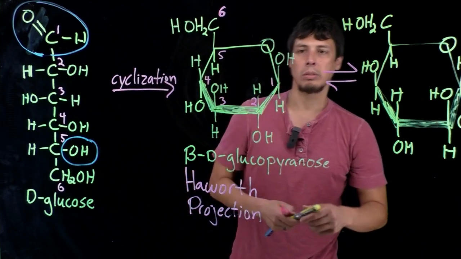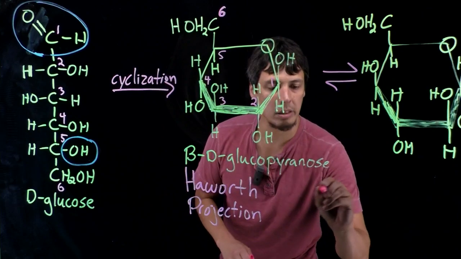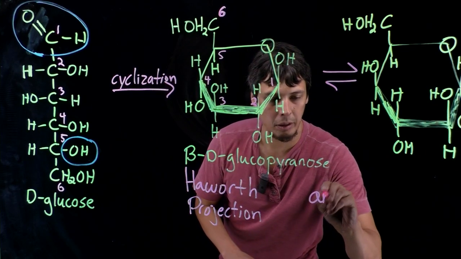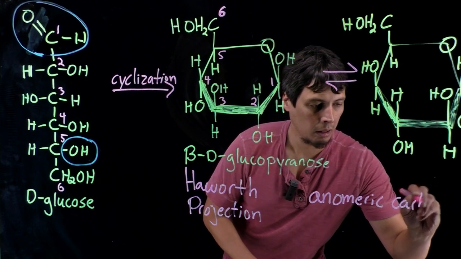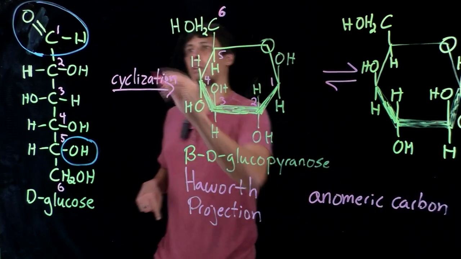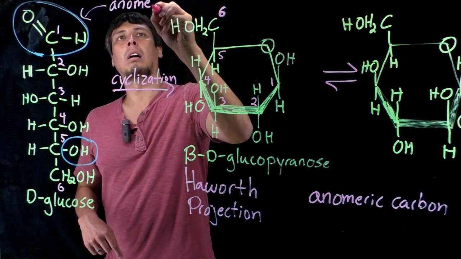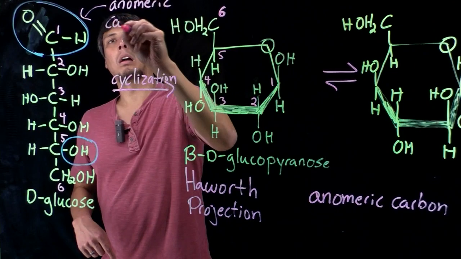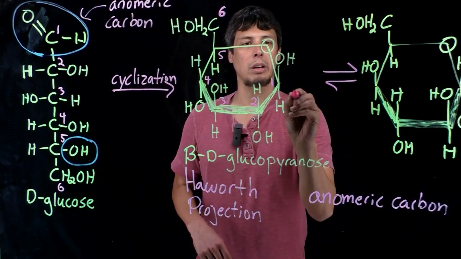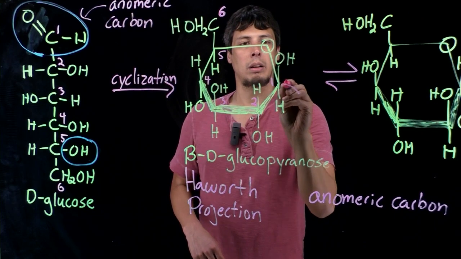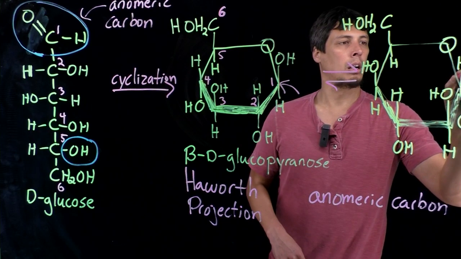So this is what's known as, where this aldehyde is called the anomeric carbon. So in the linear form, this is the anomeric carbon. And then in the cyclic form, the anomeric carbon and the beta anomer is here, and for the alpha anomer is here.